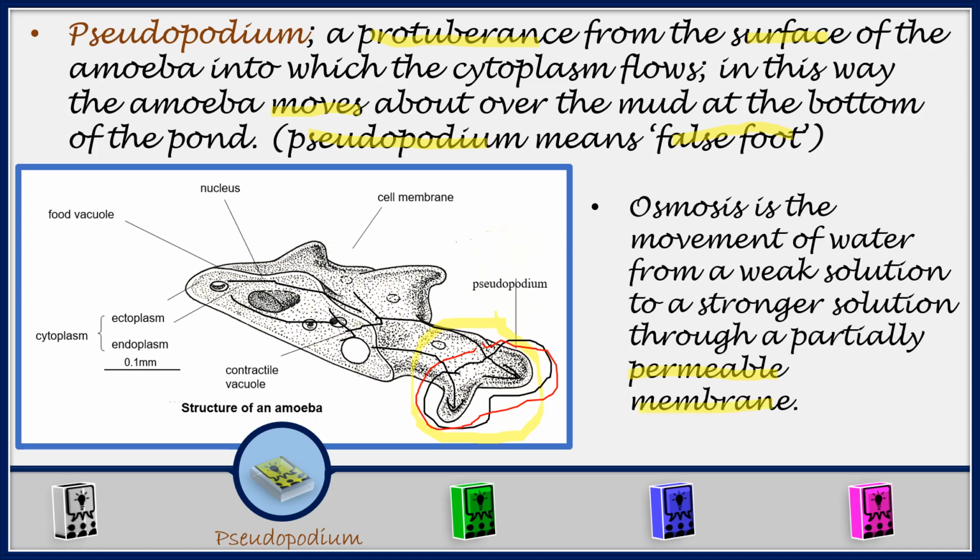So we saw that when water moves and enters the cell, it is moving by a process of osmosis, from an area where there is a weak concentration of the solution to an area where there is a high concentration.